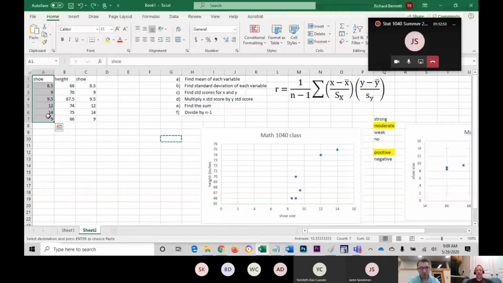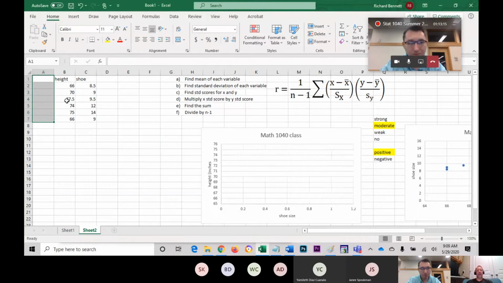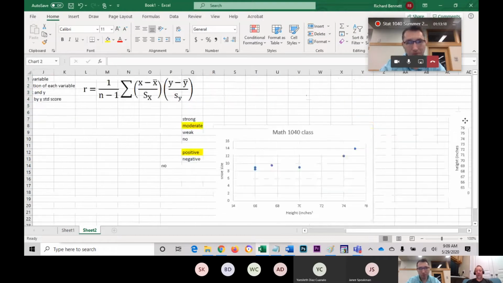Do you guys want to do it with height or shoe size as your explanatory variable? It doesn't matter mathematically when we look into this. Height? Okay. So we're going to decide the height. So that messed up that graph, but we'll just move it out of the way.